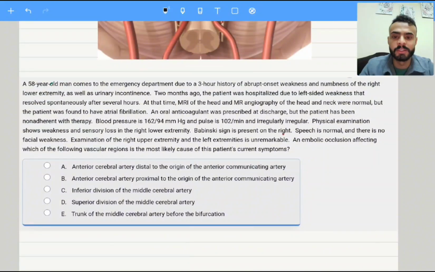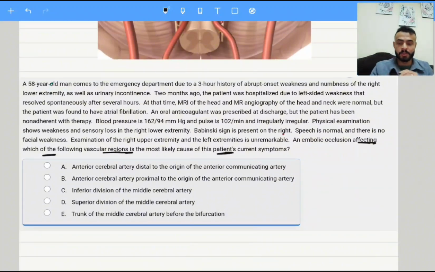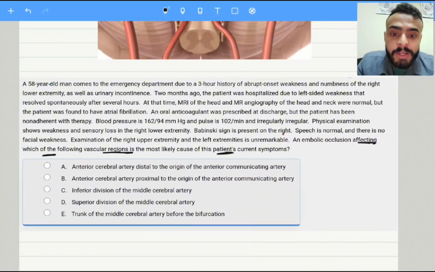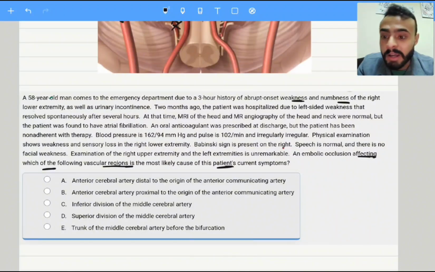Okay, the second question. An embolic occlusion affecting which of the following vascular regions is the most likely cause of this patient's current symptoms? So in the first question, he gave us the artery occluded and asked for the symptoms. Here, look, they are giving us the symptoms and asking for the artery. A 58-year-old man comes to the emergency department due to 3-hour history of abrupt onset weakness and numbness of the right lower extremity as well as urine incontinence.